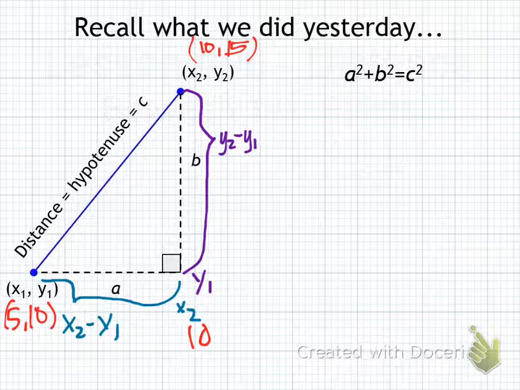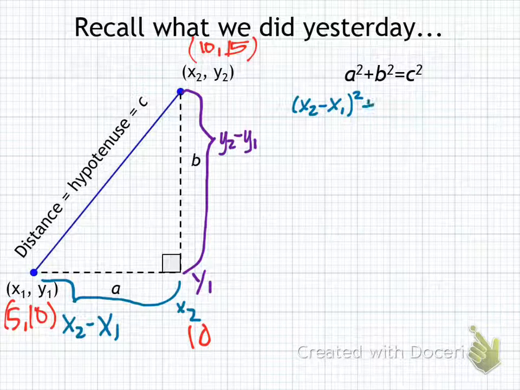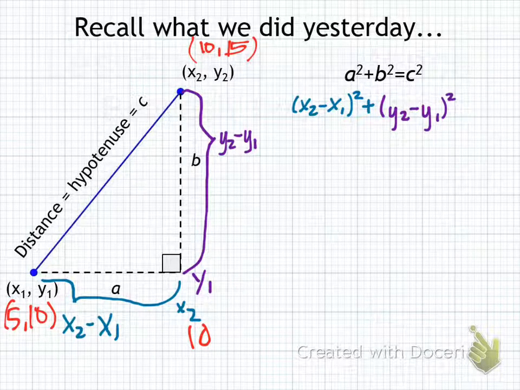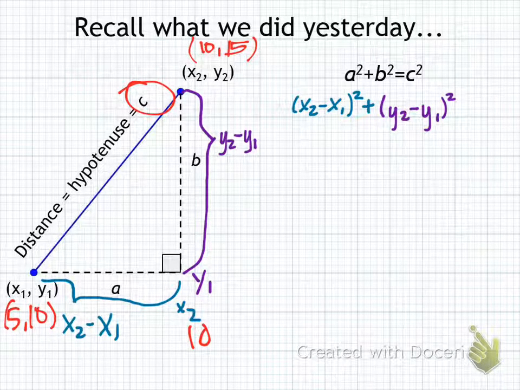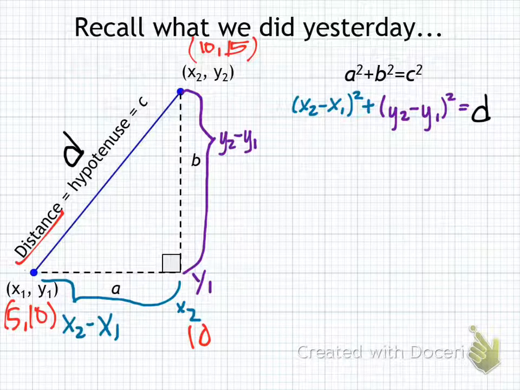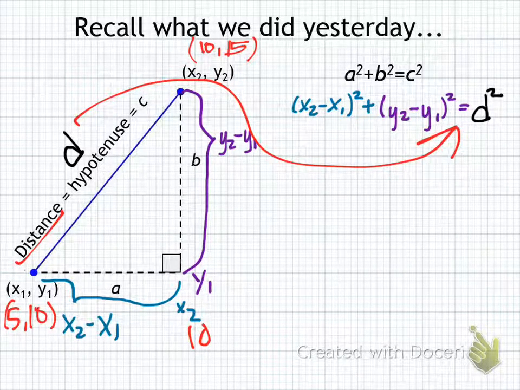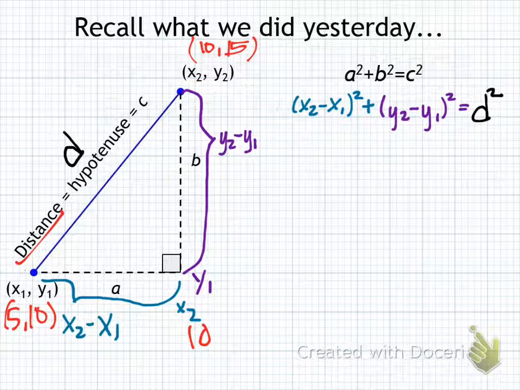If I plug these into my Pythagorean theorem over here, I get (x2 minus x1) squared plus (y2 minus y1) squared. Then instead of using c, since we're talking about distance, I'm going to call this side d. So I plug this in for c here, and I get d squared.